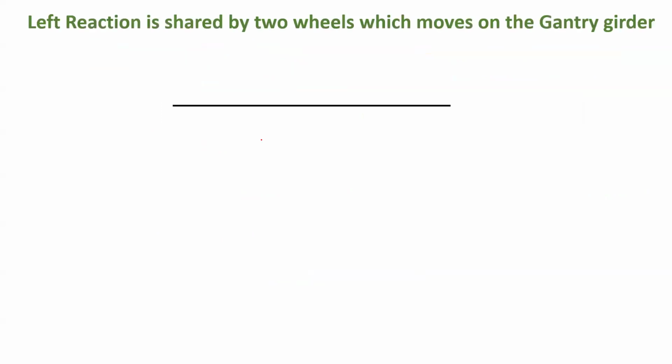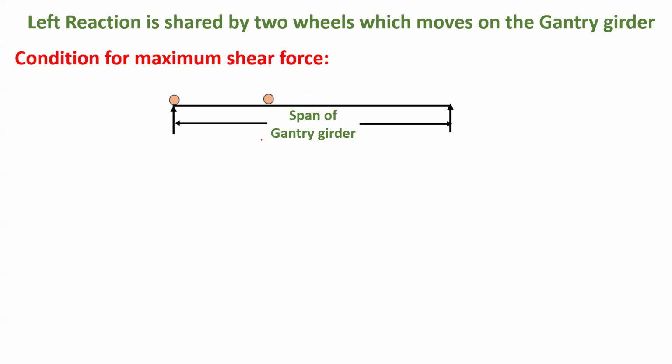The left reaction, as already mentioned, is shared by two wheels which move on the gantry girder. Now we are interested in the condition for maximum shear force. So what is the condition for maximum shear force? One of the wheels on the reaction.